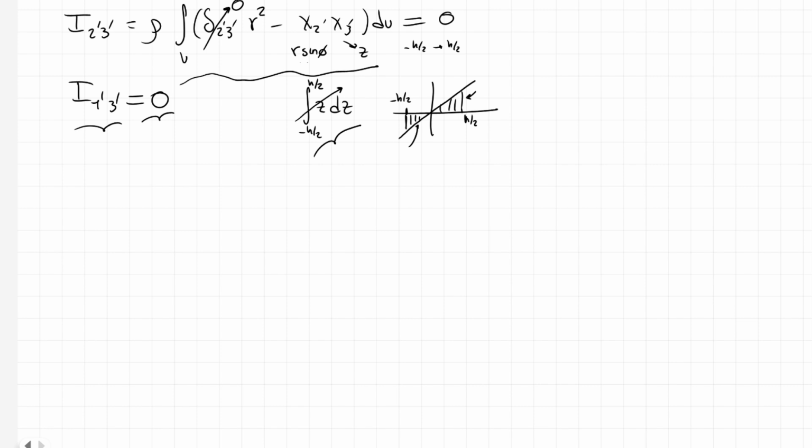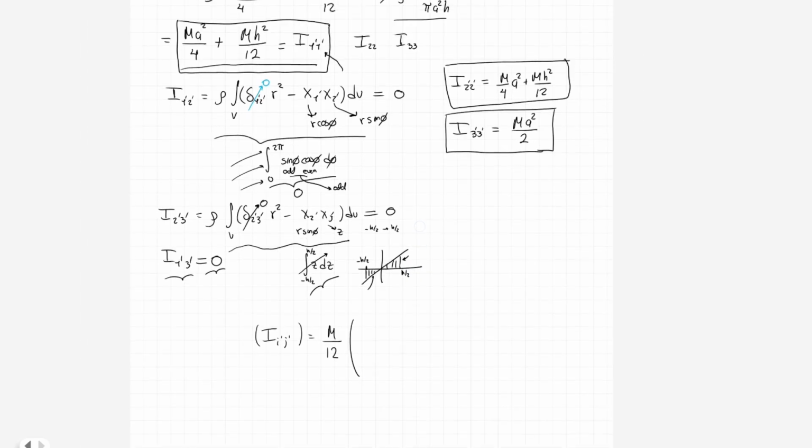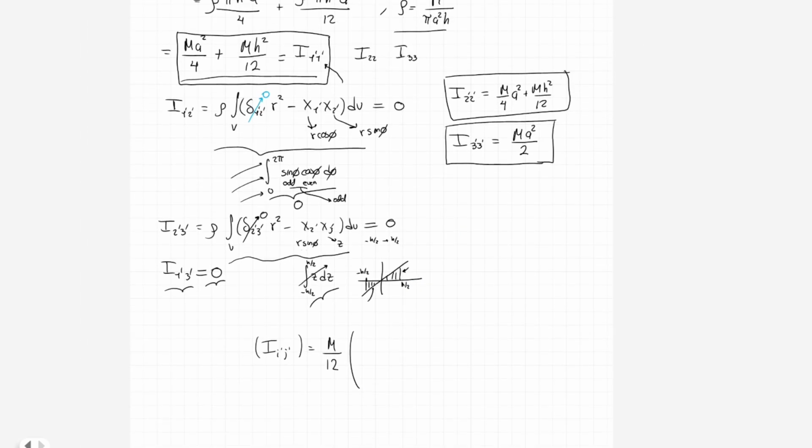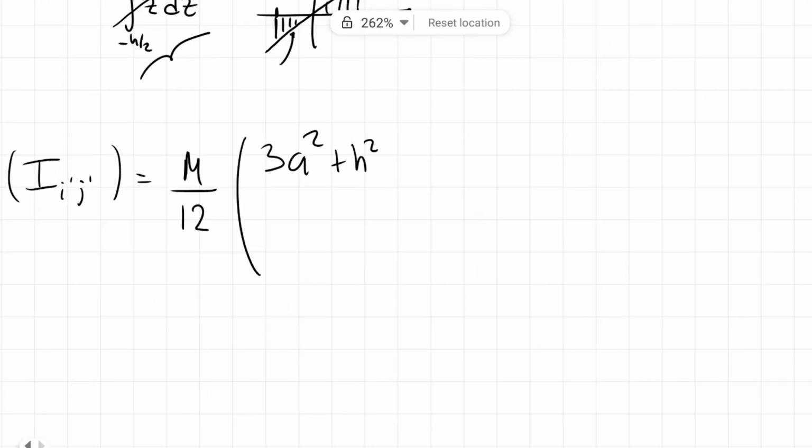So what is going to be the matrix that represents the inertia tensor? Well, we are going to have that I_ij is going to be equal to, and let me take out a common factor of m divided by 12, 3a squared plus h squared.